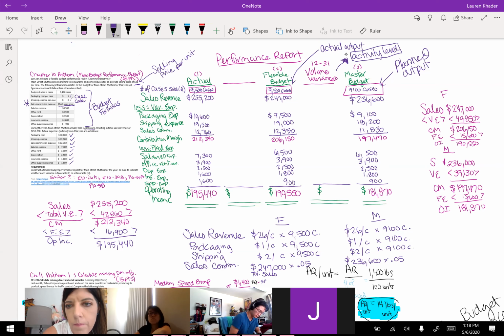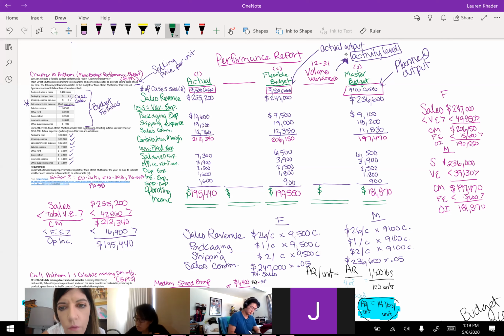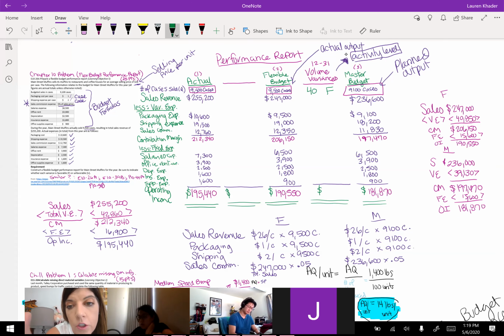They are going to have you put in an amount for the difference between the units. You planned and thought you were going to sell 9,100 cases. You actually sold 9,500 cases. So did you sell more units than you were planning for? Yes. So it's going to be favorable by 400 cases.